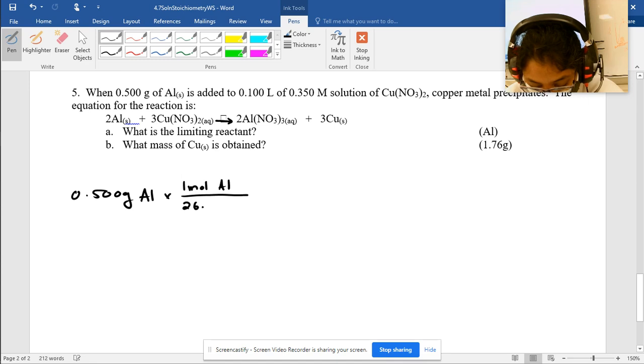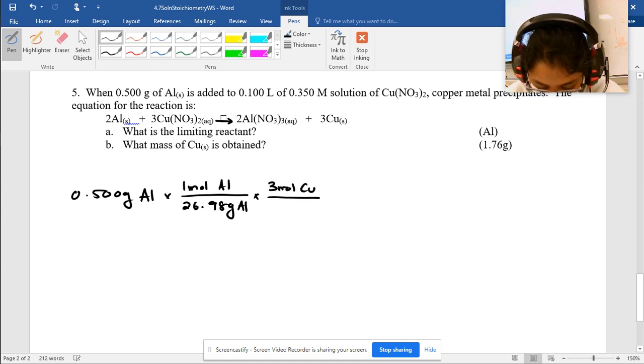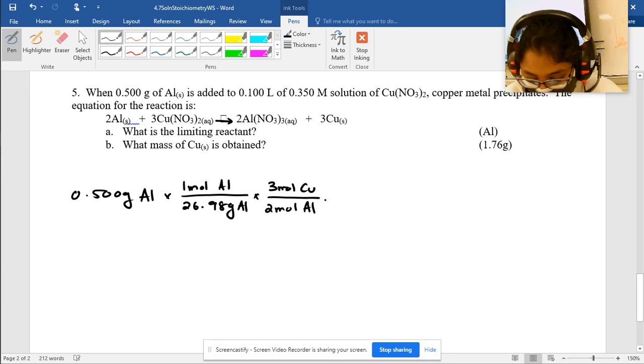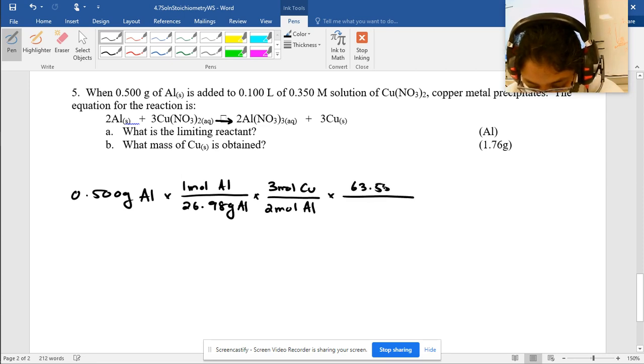Molar mass of aluminum is 26.98 grams, and I have 3 moles of copper in the reaction for every 2 moles of aluminum. And I'm actually going to go straight to mass because it's just a 1 mole conversion. What's the harm, right? 63.55 grams of copper over 1 mole of copper.